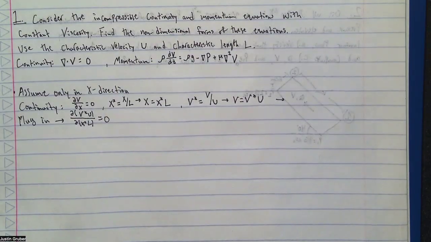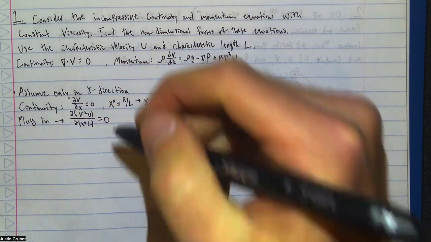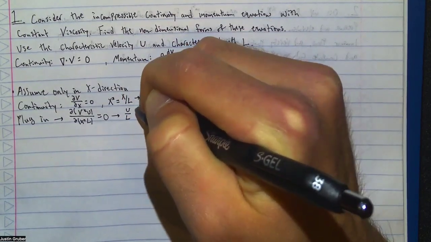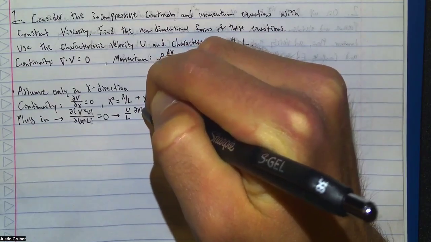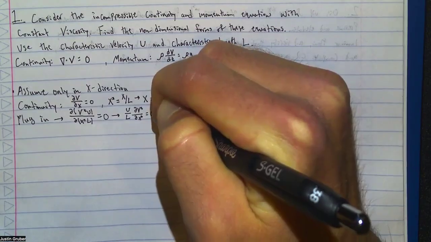Inside of these partial differential terms, we have two different things: the v star and x star, and then we also have a U and an L. Those U and L are constants, we already said that, so we can just bring them out. So we have U over L times partial v star over partial x star equals 0.